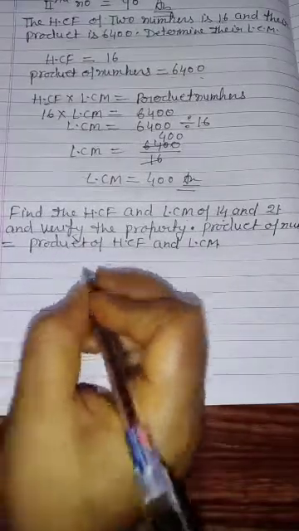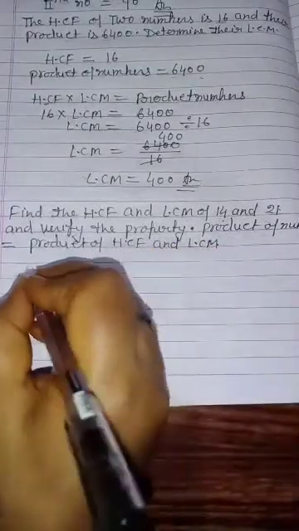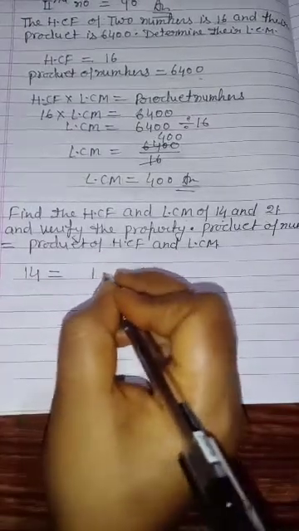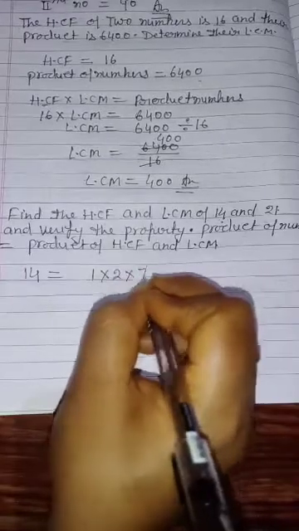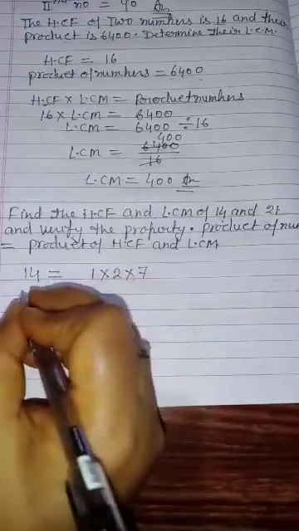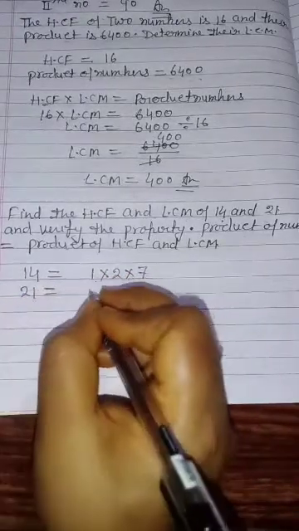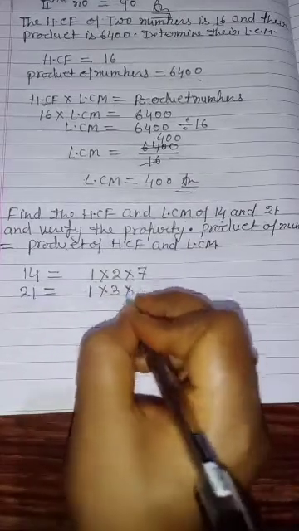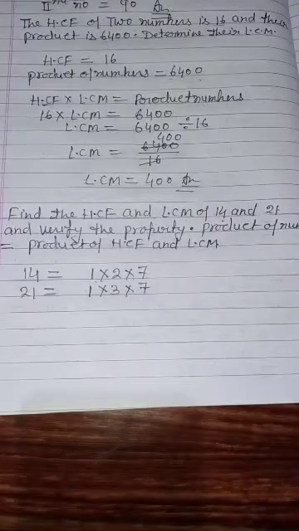First do the prime factorization of 14. What will be its prime factorization? 1 into 2 into 7. 2 7s are 14. For 21, what can be its prime factorization? 1 into 3 into 7. 3 7s are 21.